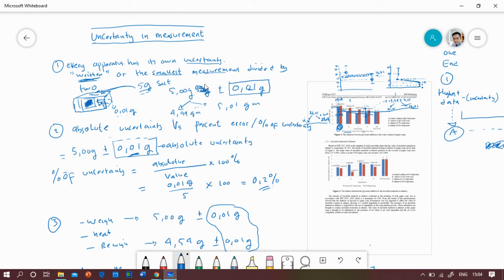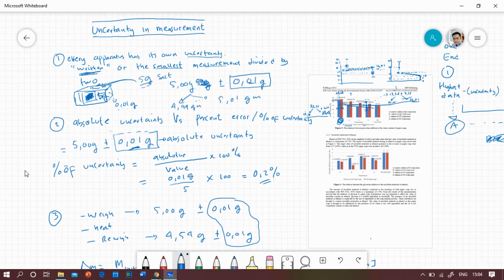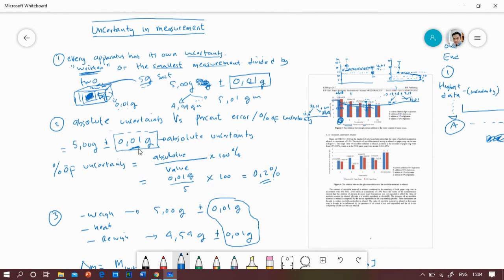It means the value of your measurement plus the uncertainty, and minus uncertainty. There are two types of uncertainty in here, the absolute and the percentage uncertainty. Absolute is the actual number, while the percentage of uncertainty is the absolute uncertainty divided by the actual value times 100%. So for example, the absolute is 0.01 and your measurement is 5 gram.